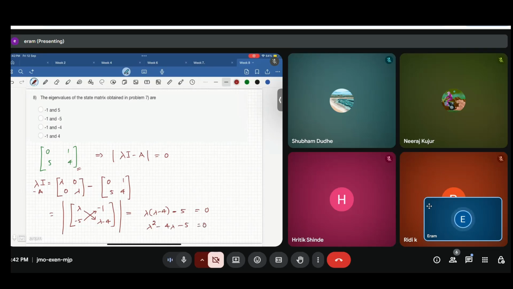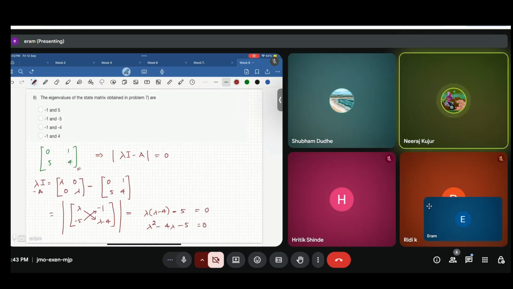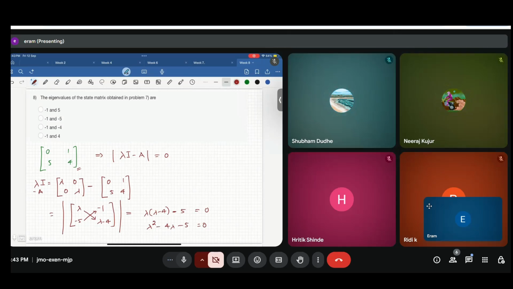What will be the values of lambda? 5 and minus 1. So lambda will be equal to 5 and minus 1. So option A.